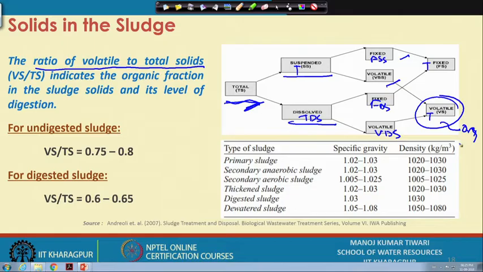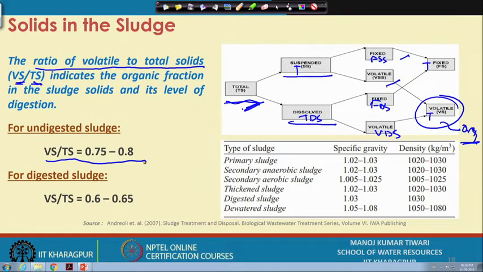Since this is the organic fraction and this is the total fraction, the ratio of the organic fraction to the total fraction indicates the organic fraction of the sludge present in the total solids, and this tells the possibility or effectiveness of the level of digestion. If we have an undigested sludge where digestion has not taken place, we get a volatile solids to total solids ratio of the order of 0.75 to 0.8.